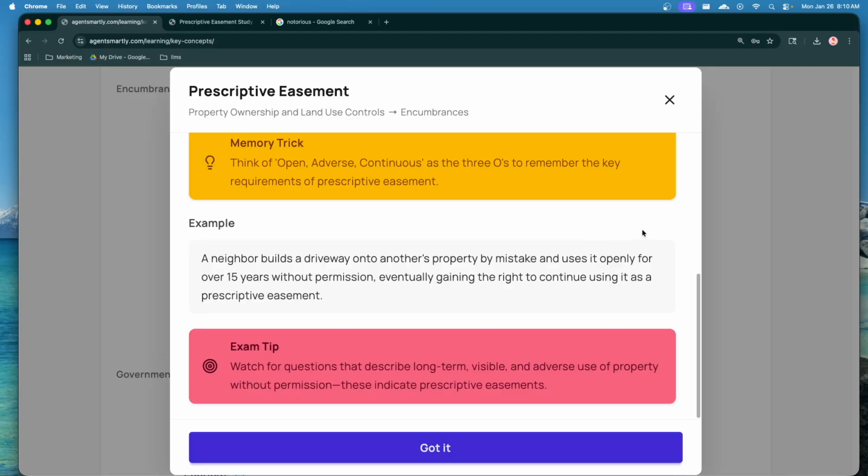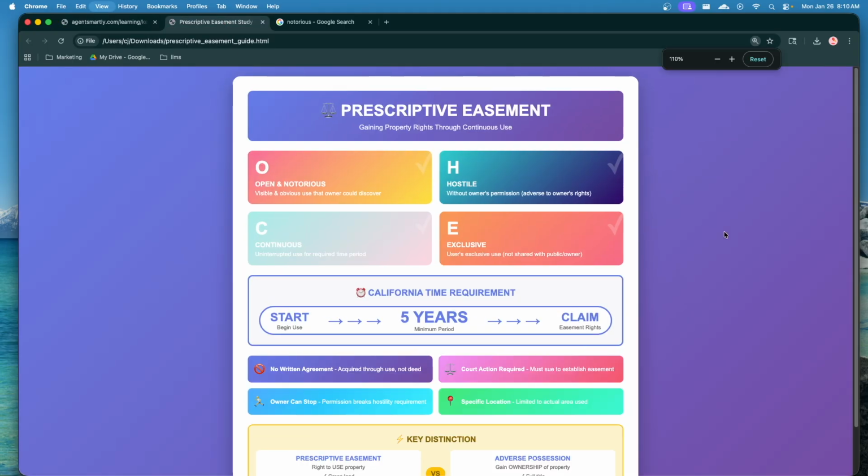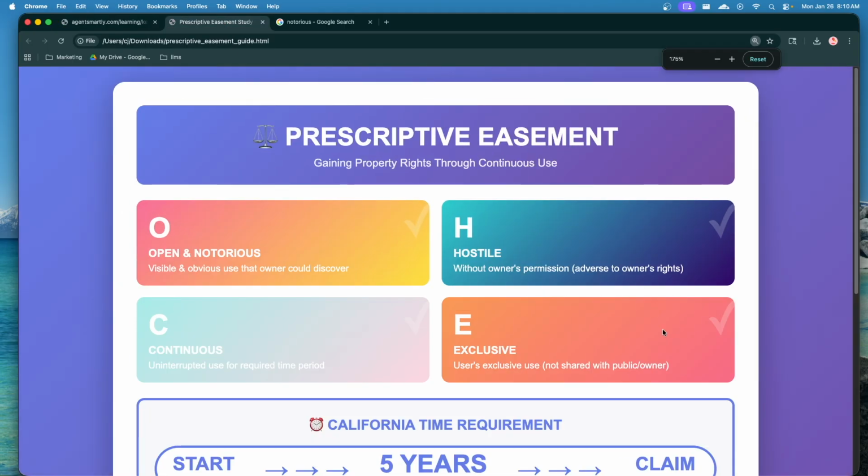Okay? So now let's summarize what we have learned today with this visual study guide right here. Let me make it bigger. Hope you can see it. Once again, we have some letters to remember. It must be open, visible and obvious, so the owner could discover it.